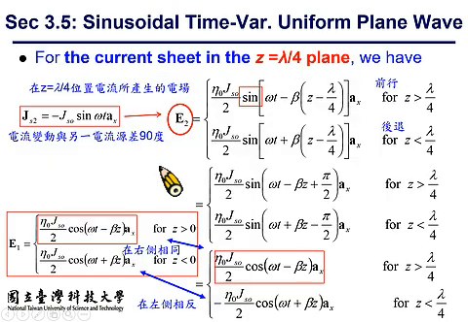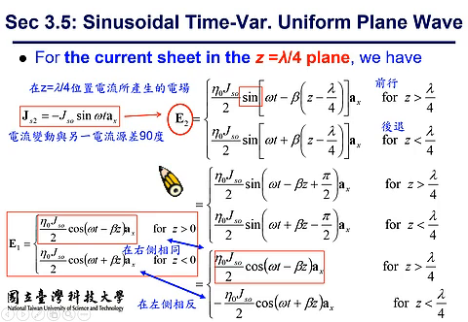We can do the same thing for the other current, J_S2, which can be written as J_S0 cosine omega t minus pi over 2. Or you can transform the difference into the sine function. So let's just apply the textbook.